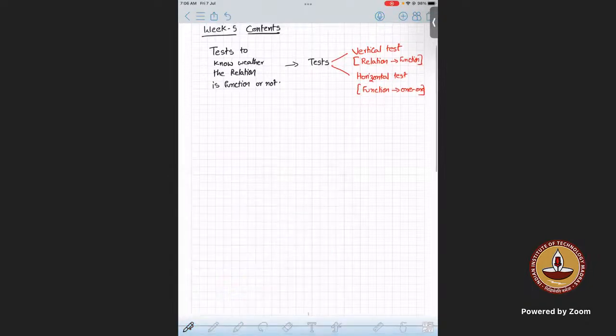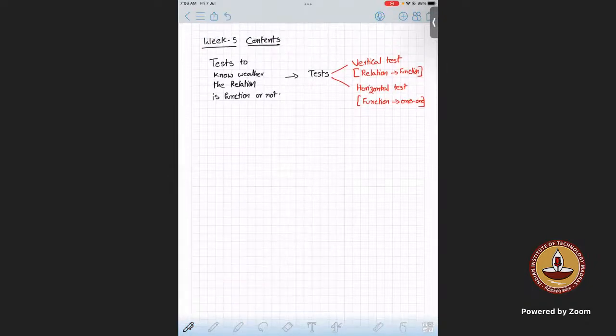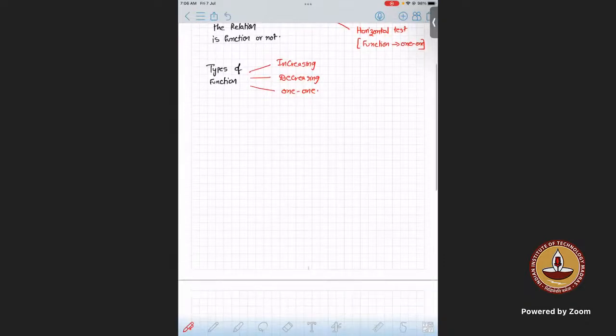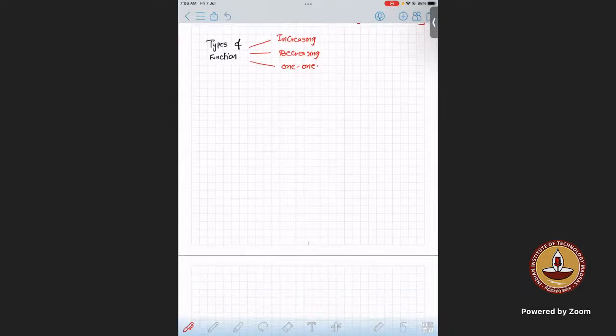I'm coming to the next part, that is types of functions: increasing, decreasing, 1-1. Then at last, the main topic of week 5 is exponential functions.